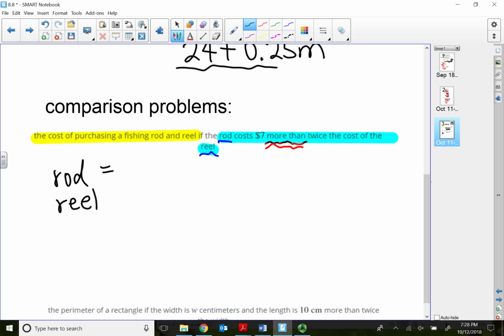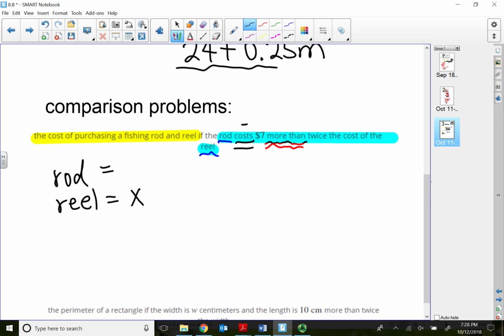So whenever we're comparing only two items from the translating sentence, you let the second item always be x. Why? Because it's easier to read from left to right and translate from left to right. So you let the second item be x. Then we translate for the rod. Rod cost.